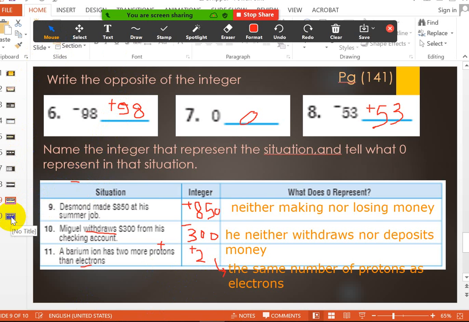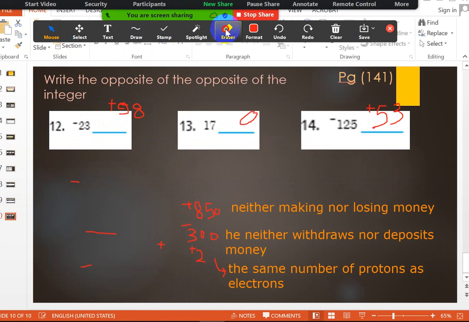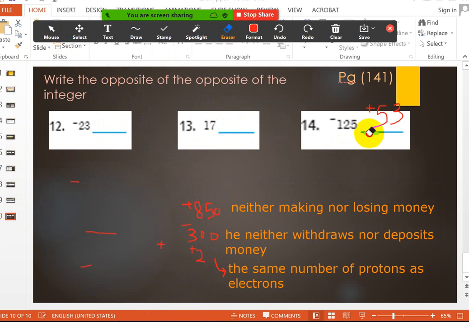Okay, thank you, girls. I will leave those for you, so I will erase those numbers. Now I want to draw, because we have only 1 minute. The opposite of the opposite of the integer. Look at this. The opposite of the opposite of any number equals the same number with the same sign.